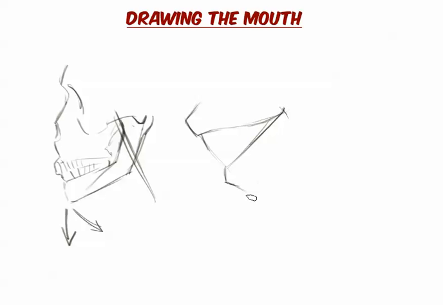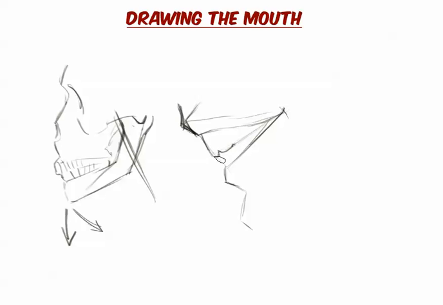When you do that, it'll look a lot more accurate. So that's halfway. Let's bring it down below the halfway line. Bring it in like that. Now, from the side, you'll see less of the front teeth and more of the side teeth. So that's what we're going to depict here.